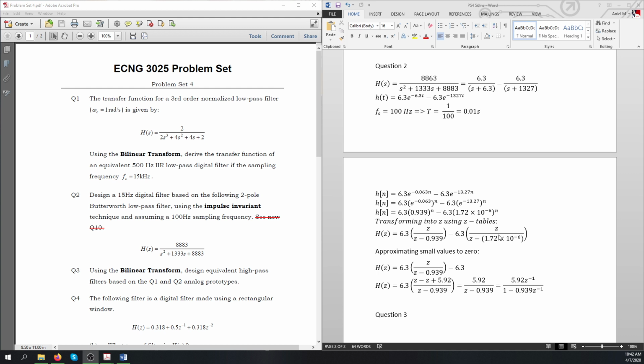And you are allowed to do these kind of approximations here to say small values go straight to 0. It matters depending on what the question asks. So if the question asks for the causal form, that means the Z powers here need to be all negative. If it doesn't ask for the causal form, you could just leave it in this form here. That's acceptable.